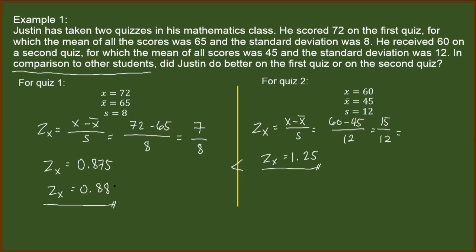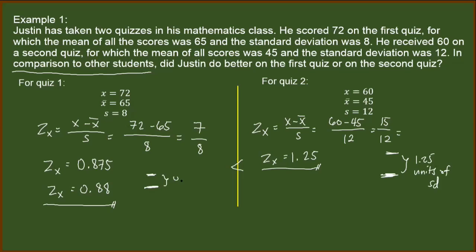So we can really see that if this is the mean score and this is Justin's score, their difference is 1.25 units of standard deviation. As compared to this scenario, we have here the mean and then this is his score.